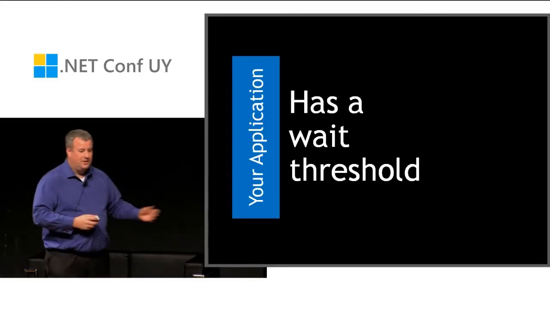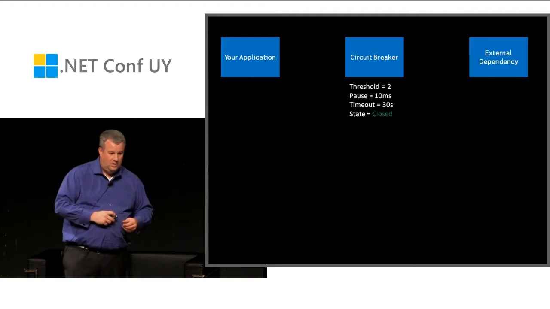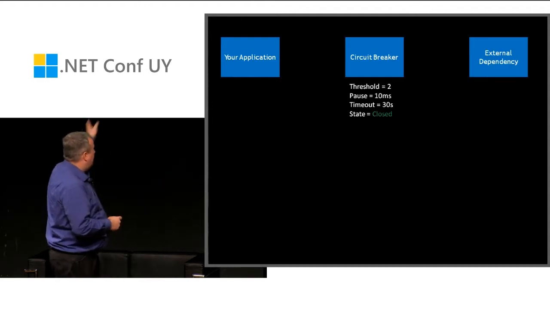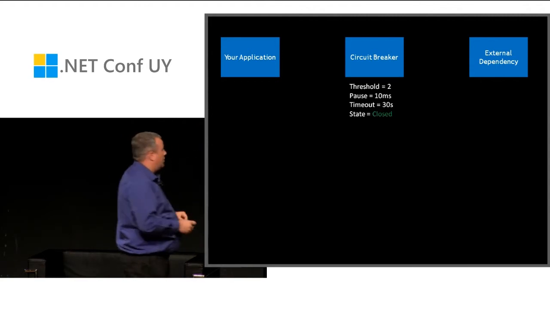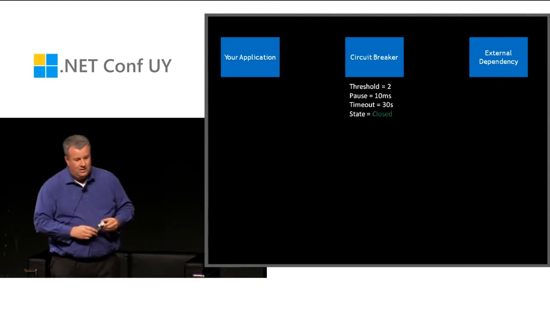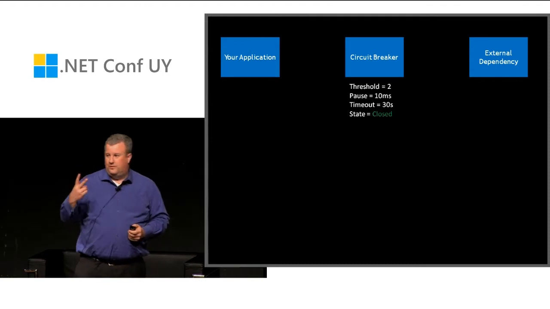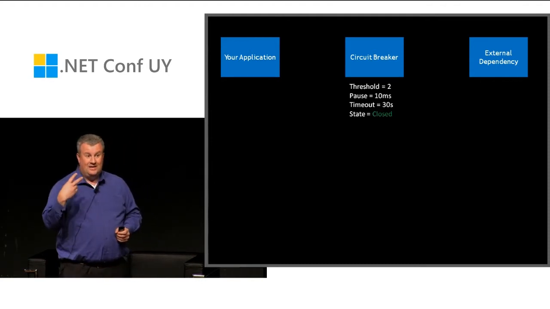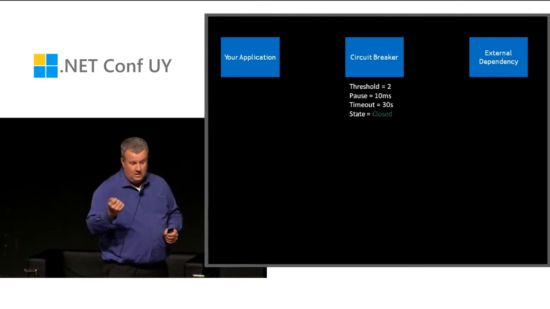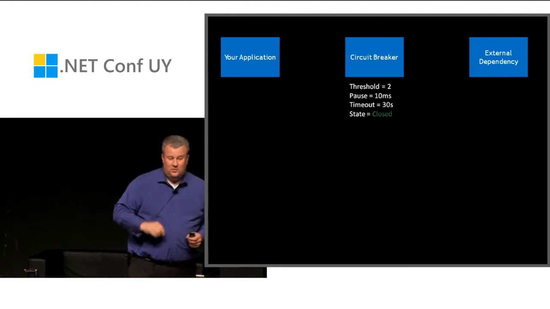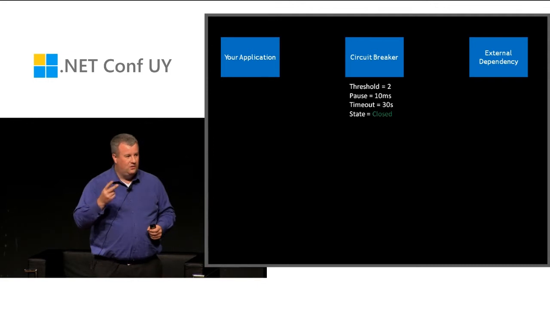So let's look at a common scenario of how this works. We've got our application, this concept of the circuit breaker, and our dependency. Our circuit breaker is currently configured with a threshold of 2, meaning it can fail up to 2 times before the breaker trips. We're going to pause for 10 milliseconds between each of those attempts.